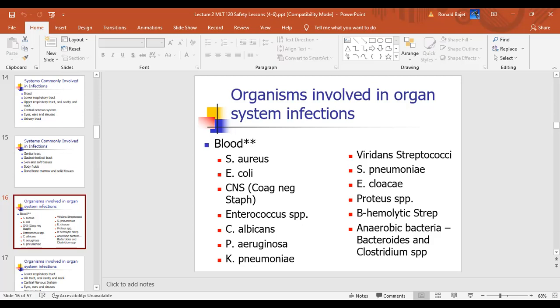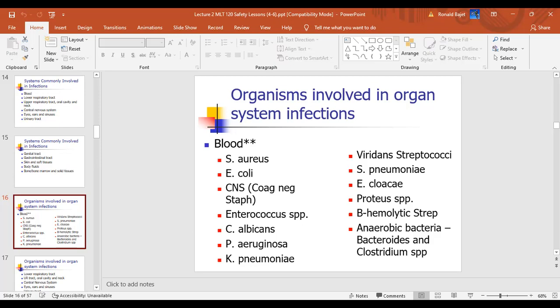And then you have Enterococcus. When we talk about the streps, Enterococcus is a strep. It's a group D strep, okay? Group D streps are broken down into two categories, Enterococcus and non-Enterococcus. And then I'll show you how to distinguish between the two of them.